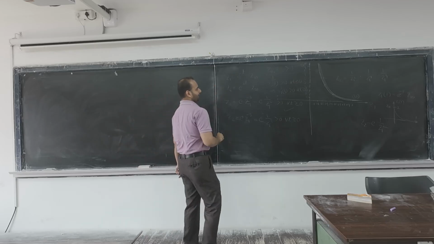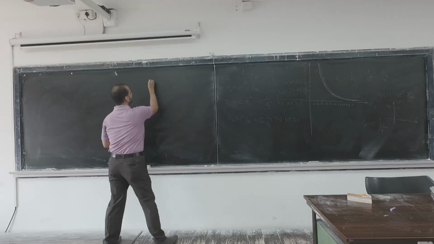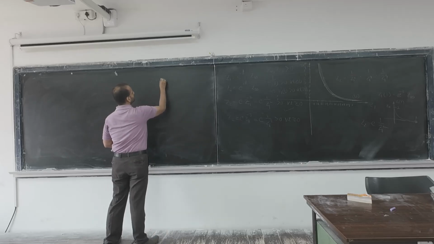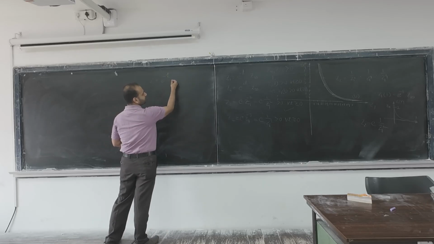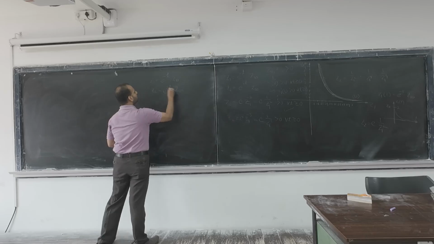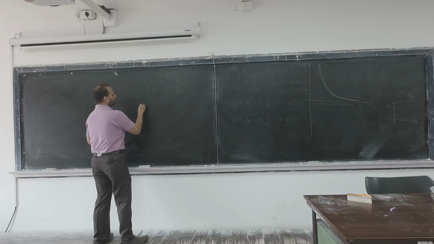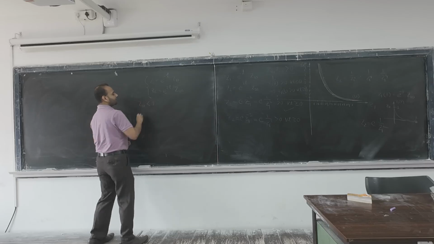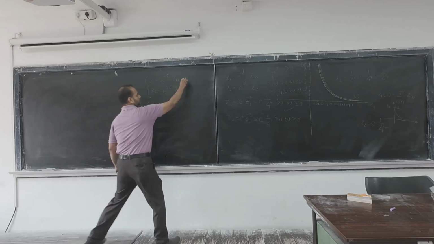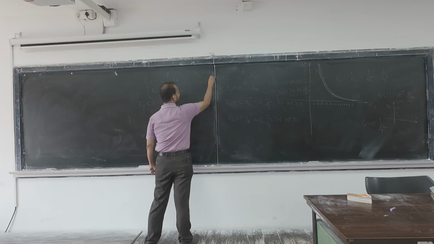Now that is the other case. Suppose again the same situation, Z1 equals e to the power minus t Z1 0, Z2 equals e to the power 2t Z2 0, that we already have. Now Z1 0 is less than 0. Here we are assuming Z1 0 equals minus 1, Z2 0 equals plus 1.